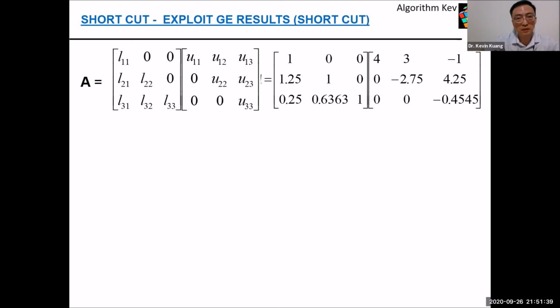Now, let's take a quick look at the result of the Doolittle's method, which we obtained earlier. We managed to decompose matrix A into L and U. And these are the two matrices that we obtained earlier. We went through quite a bit of calculation and quite a bit of patience just to obtain these two, right?